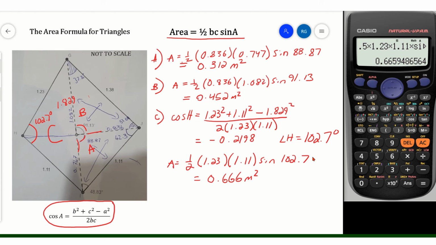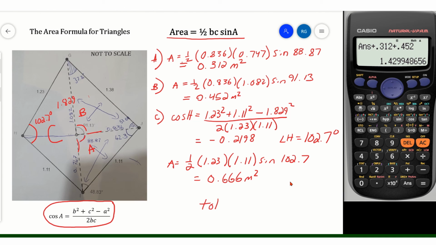And now I've found the individual areas of each of these three triangles, so I can just add them up, and I'll do that. I'll just keep that one in there and add the other two. So plus 0.312 and 0.452. And I've got a total that I will round to 1.43.